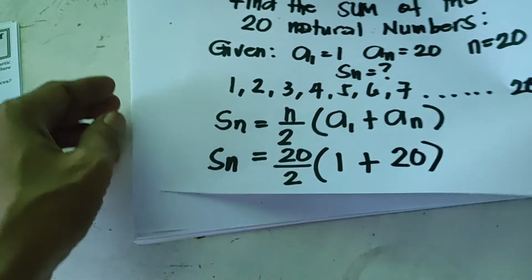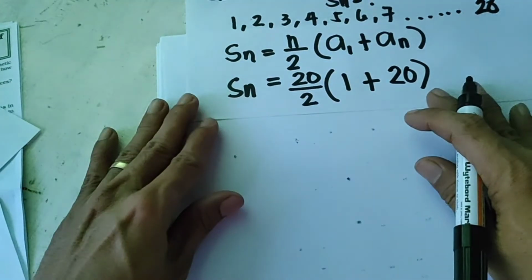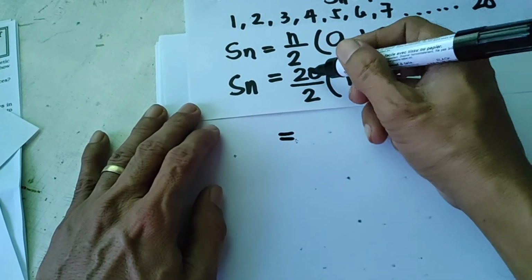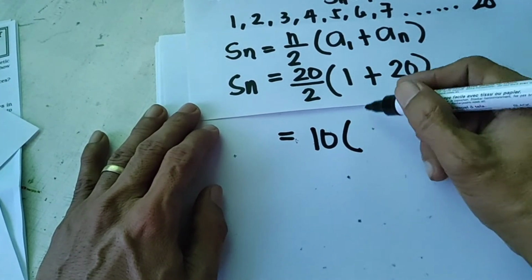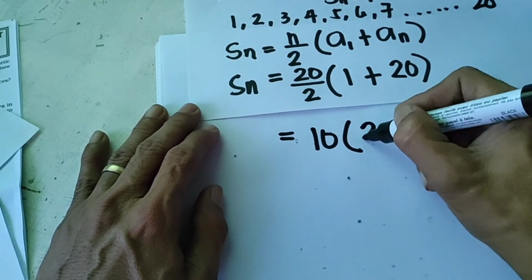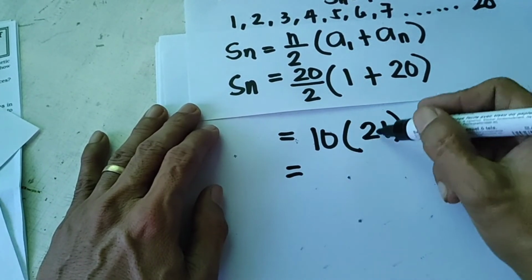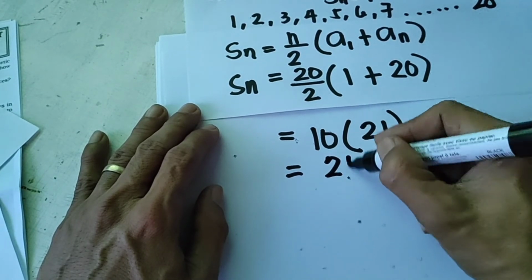Of course, what you are going to do is to write again. So 20 over 2, that is 10, multiplied by 1 plus 20, that is 21. So the answer for this one, you multiply these two numbers, 10 times 21 is 210.